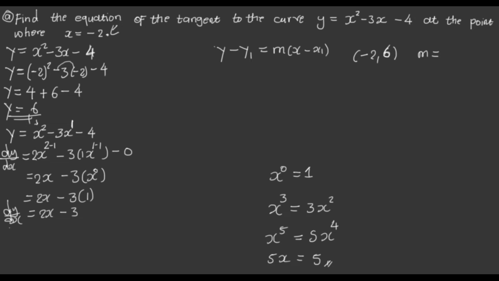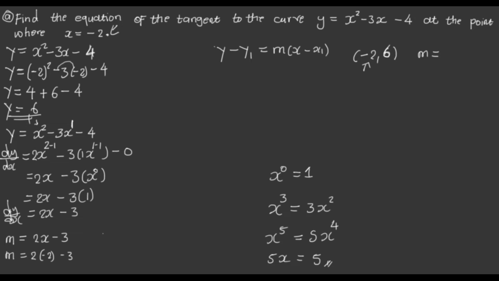Now, where there is dy over dx, we can put the symbol for gradient. So gradient is 2x minus 3. After we have found the derivative of the equation of the curve, we can plug in where there is x the coordinate from the point of contact. So we have 2 times -2 minus 3.